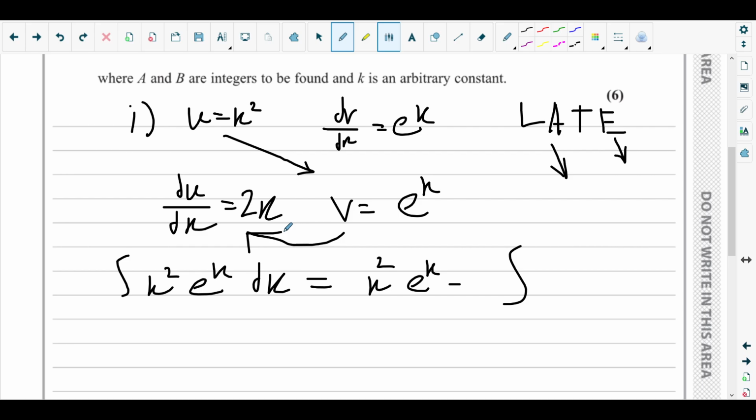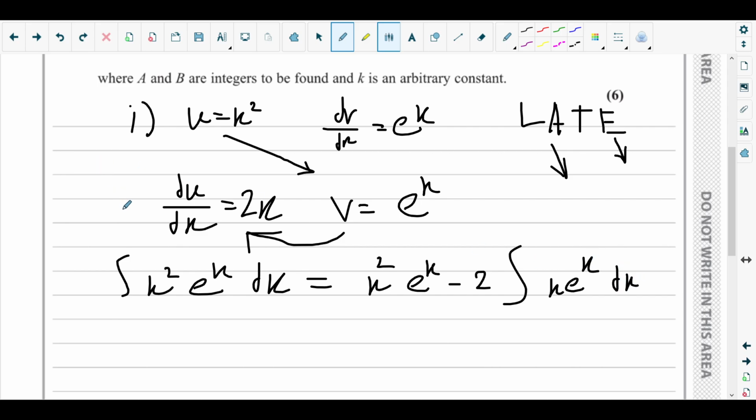So the integral of x squared e to the power x dx, as per the question, equals uv minus the integral of v times du over dx. So that would be 2x e to the power x dx.